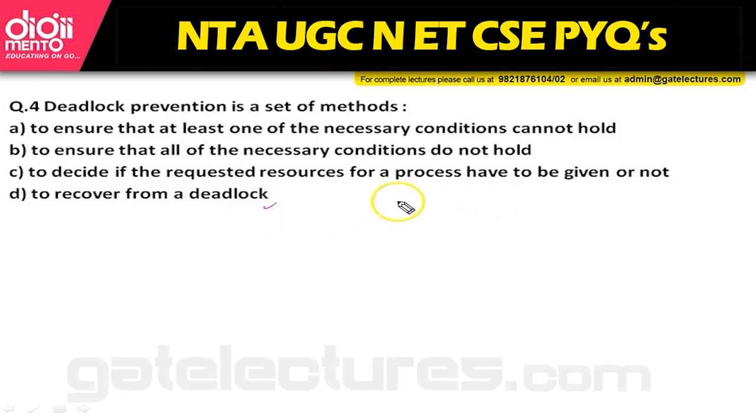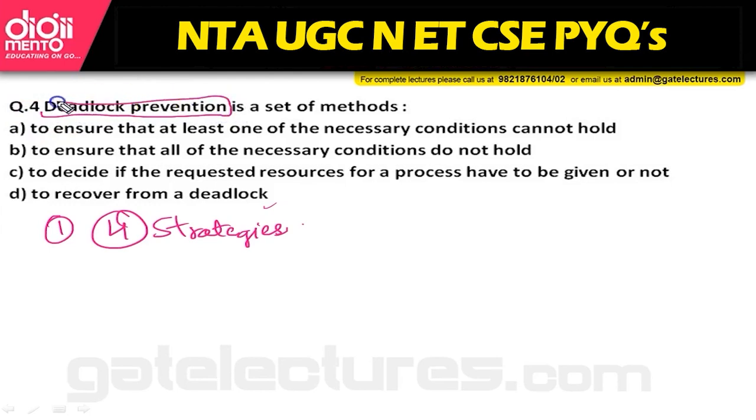Okay, so let's start with the basics. We have four strategies to solve deadlock problems. One is deadlock ignorance, deadlock prevention, deadlock avoidance, and the fourth one is deadlock detection and recovery. They are talking about deadlock prevention, and about one of the necessary conditions.